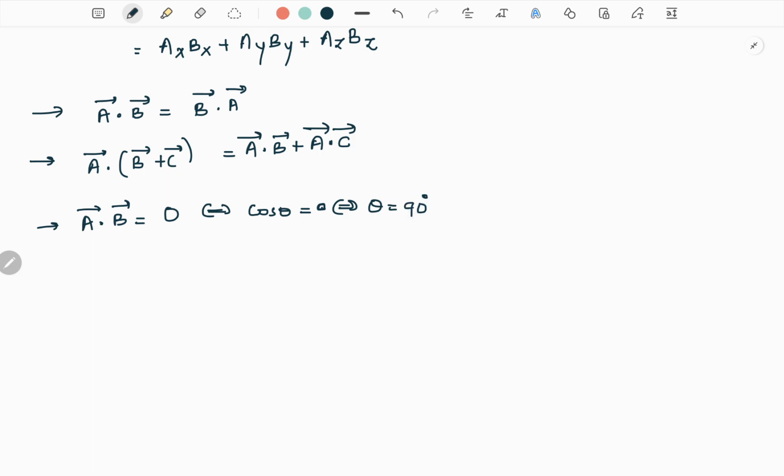So if two vectors are perpendicular to each other, that is, the angle between them is 90 degrees, then the dot product of those two vectors is definitely 0. This point is very important in determining if two vectors are perpendicular or not. If you wish to find whether two vectors are perpendicular, find the dot product. If it comes out to be 0, then those two vectors are perpendicular or orthogonal.